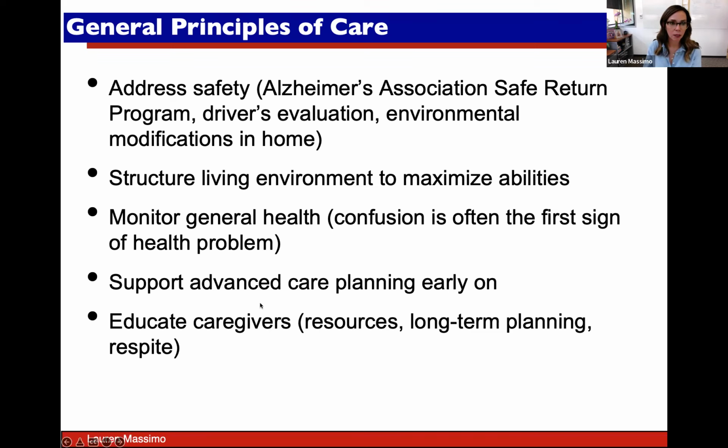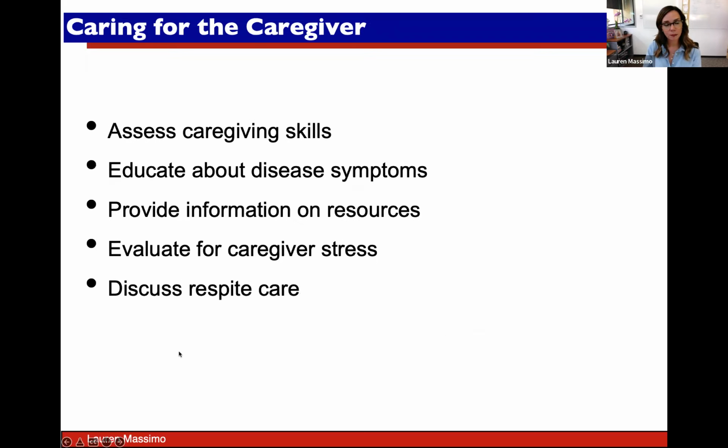So it's important to have conversations about disease progression, disease trajectory, and advanced care planning early on. Our social workers at the University of Pennsylvania are really key, and it's oftentimes important to include the whole family in these conversations. And then educating the caregivers about resources, long-term planning, and thinking about respite care.